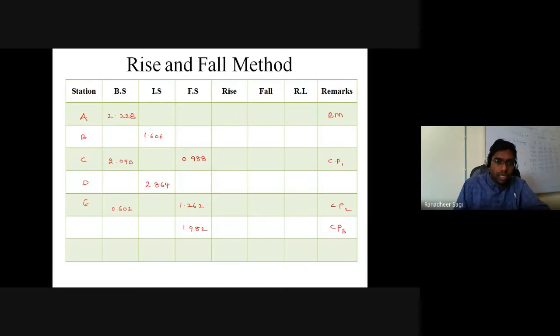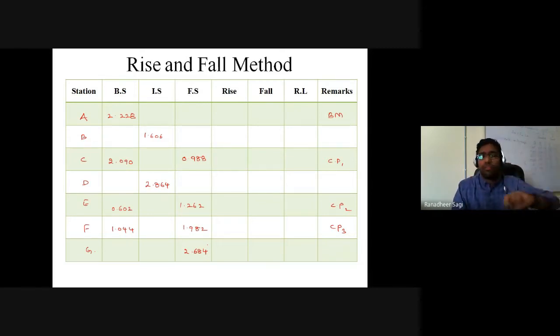Then the ninth reading, which is obviously after shifting the instrument, comes under backside, 1.044. And at point G we have the last reading, which is going to be represented under foresight. This is the data we have in the table, which we are supposed to enter into the level book.